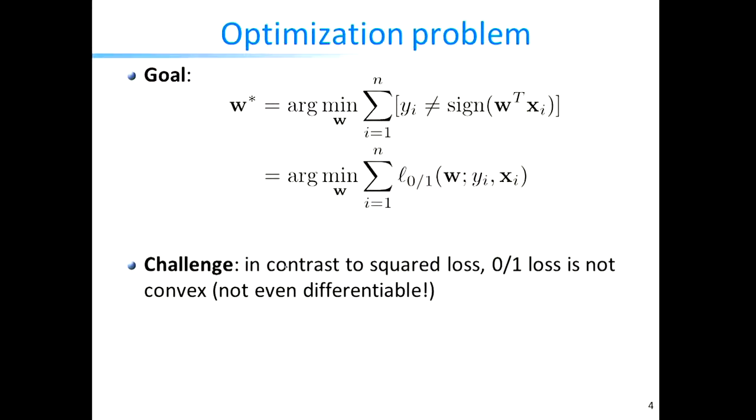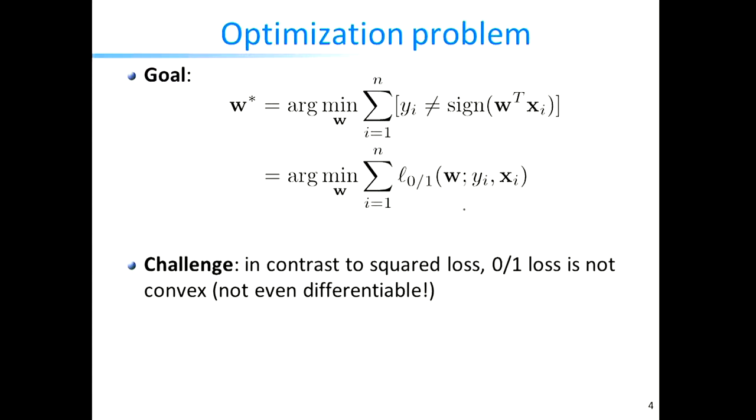What we had talked about is that we started with the objective of trying to find a linear classifier that makes few mistakes. This led us to consider this optimization problem, where we search over all of these hypotheses, hence all of these weight vectors W, for the one that minimizes the number of mistakes, which is the one that minimizes the 0-1 loss. So that is our first objective.